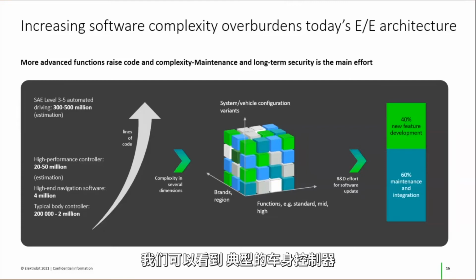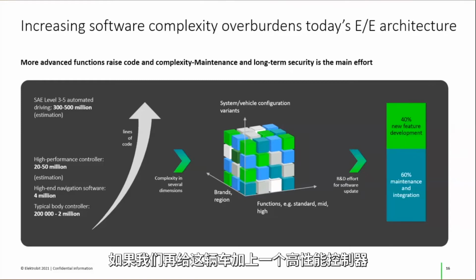We see in a typical body controller there's around 200,000 to 2 million lines of code, which already is quite a lot. But this increases, for example, if we add to the same vehicle a high-end navigation software system, which then increases the number of lines of code to 4 million.